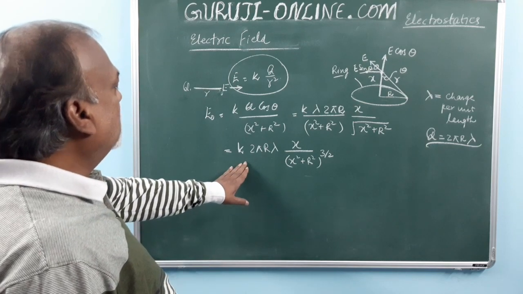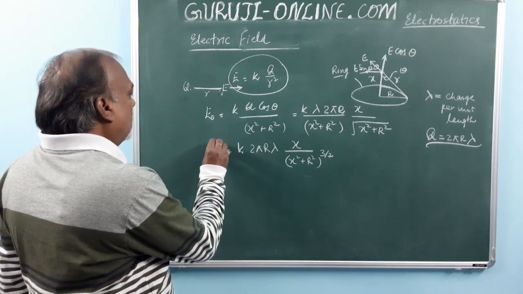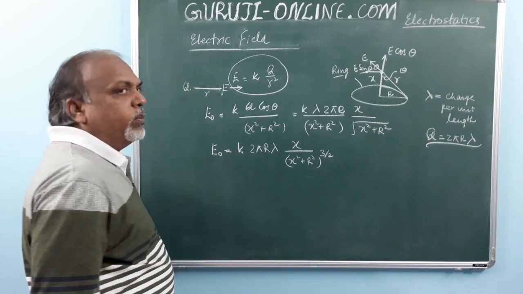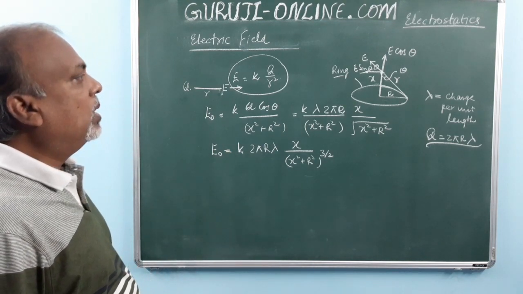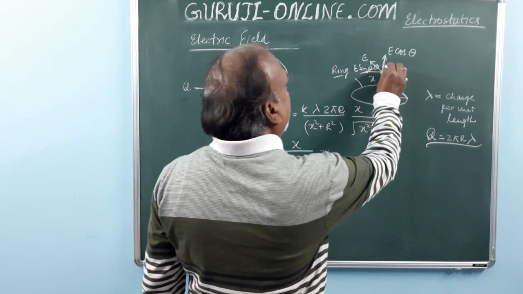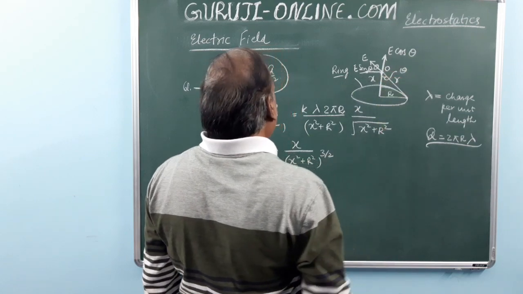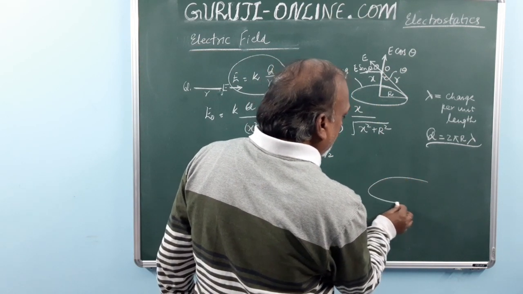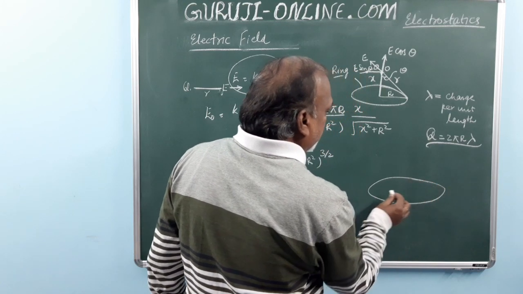So this is the electric field at point O due to the ring.